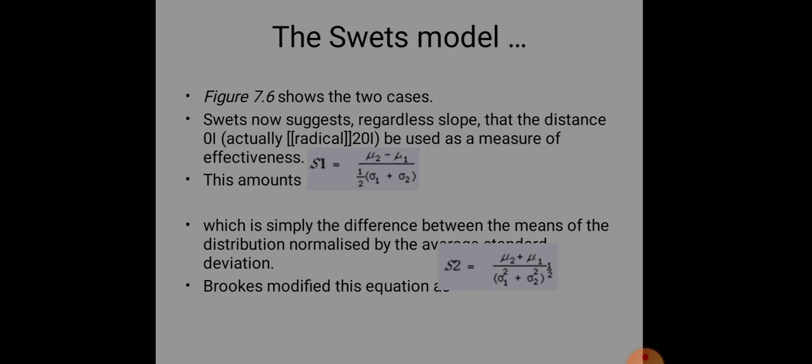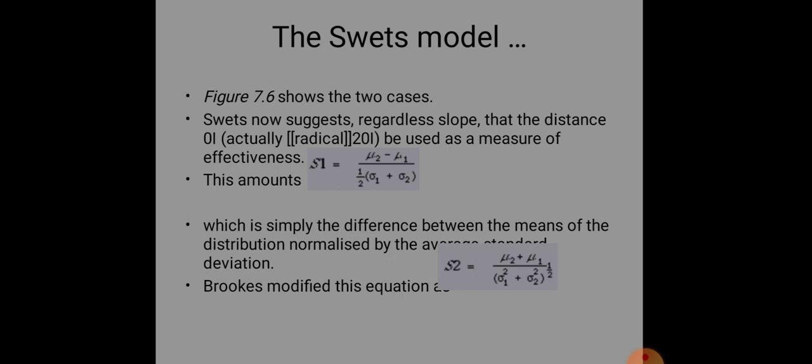And there is one person whose name is Brooks. Brooks modified this equation as S2 equal to mu2 plus mu1. He took the summation of mu2 and mu1, and in the denominator he took sigma 1 squared plus sigma 2 squared, the whole raised to half. That means the root of sigma 1 squared plus sigma 2 squared. What do we mean by sigma squared? That is the variance of our distribution.